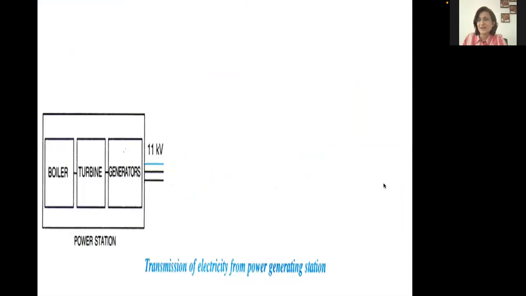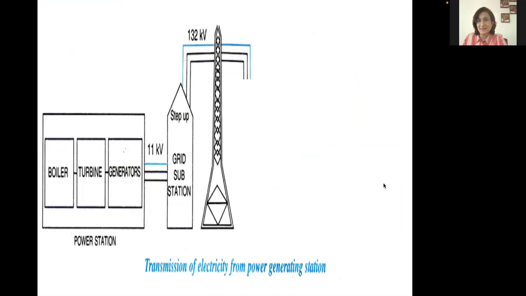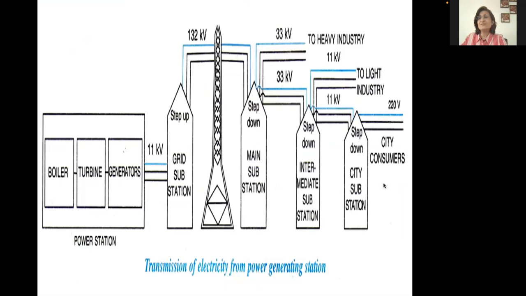So if we see it in a diagrammatic manner, at the power station, 11 kilovolts, stepped up at the grid station to 132 kilovolts, and then further stepped down periodically. The first step down to 33, which will be sent to heavy industries.